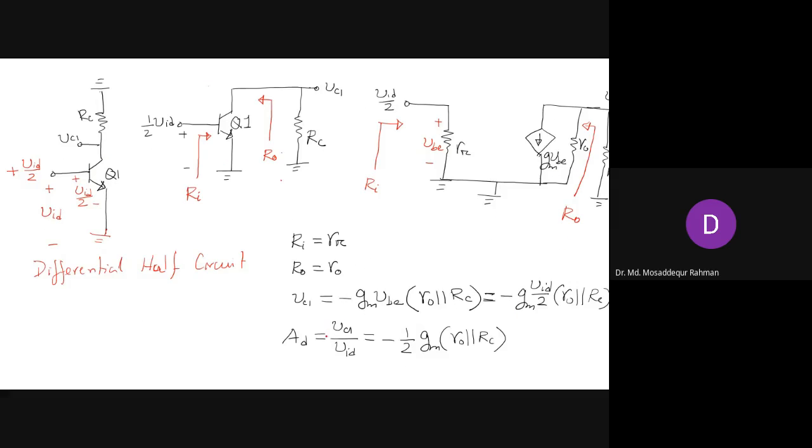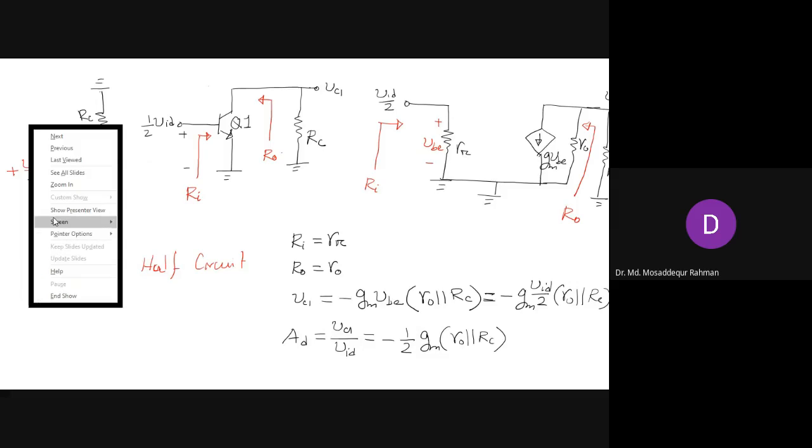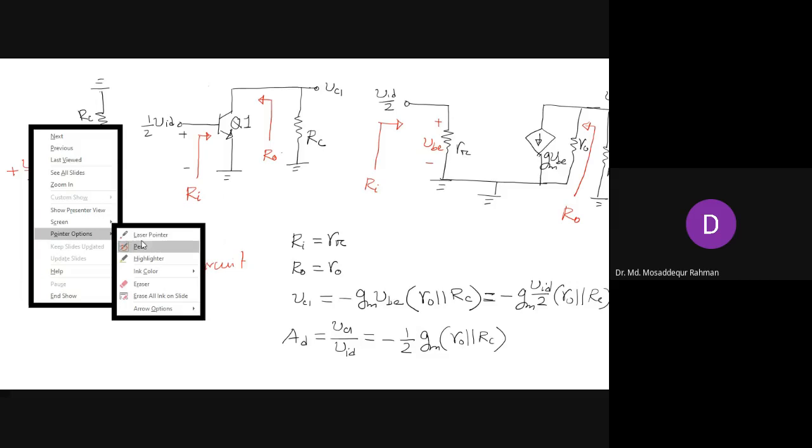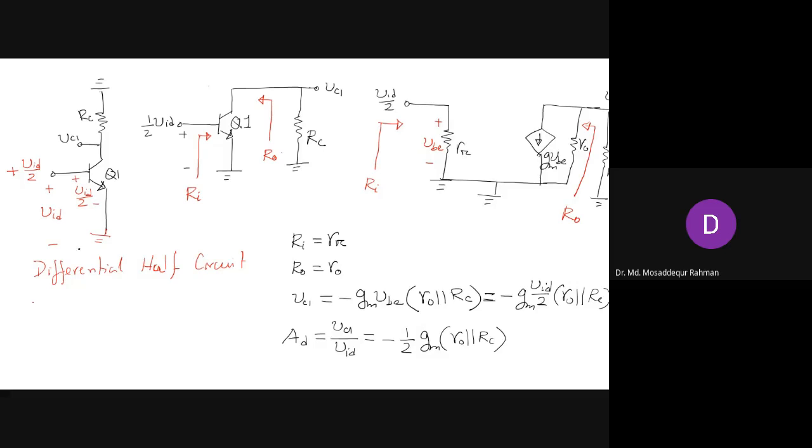So that is the differential gain for single-ended output if you take it from collector 1. Then from our knowledge of the differential amplifier circuit, we can easily deduce that the gain from the other collector VC2 will be, because that is positive and the gain is the same as that we have for collector 1, the sign will be positive.